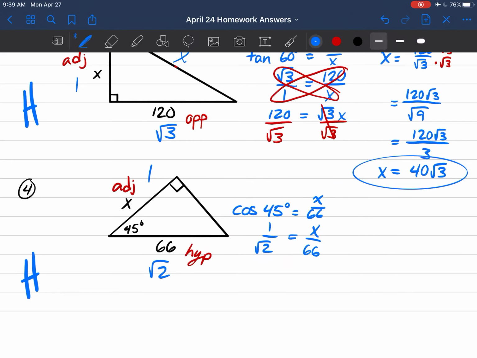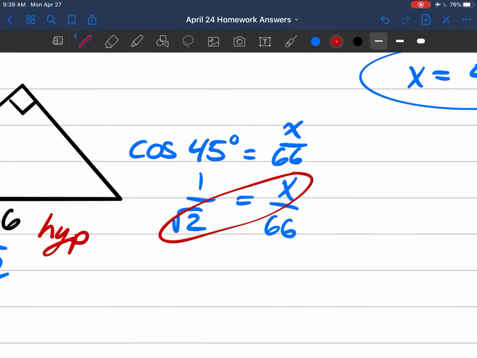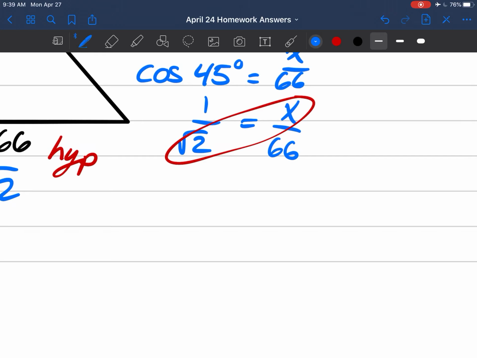So cross multiply these. X times the square root of 2 is going to be just square root of 2x, and 1 times 66. Here, let me write so that I have more space. So square root of 2 times x is going to be square root 2x, and 1 times 66 is going to be 66.